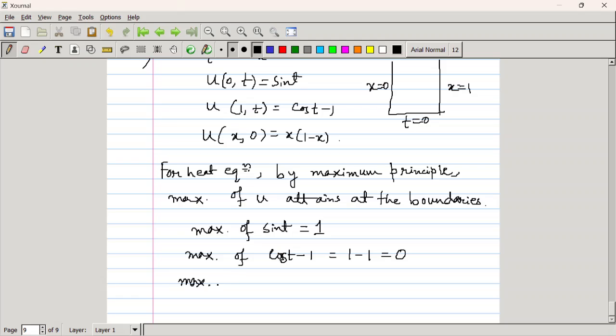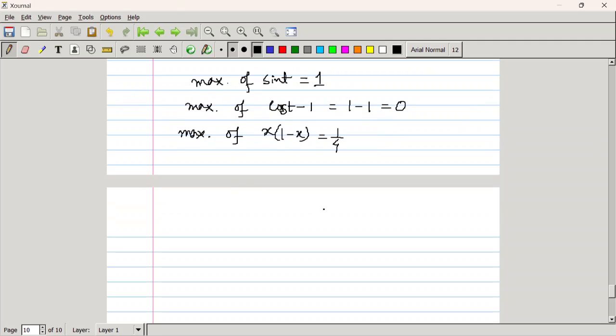And what is the maximum of x into 1 minus x? That turns out to be 1 by 4. How? You have to again use the same condition. Suppose f(x) equal to x into 1 minus x. Then what is f dash x? f dash x equal to 1 minus 2x. So f dash x equal to 0 gives x equal to half, right?